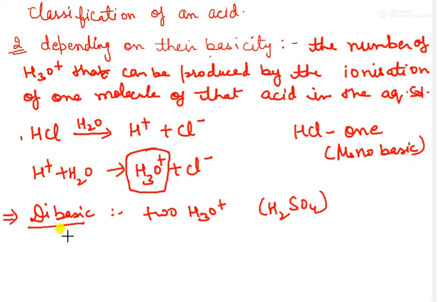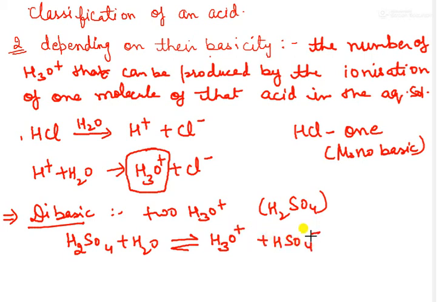So the first step: we take H2SO4 and dissolve it in water. Step by step, one hydrogen of the 2 ionizes first, forming HSO4 negative.